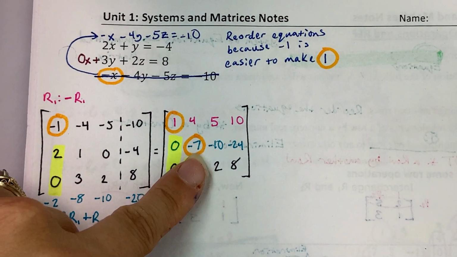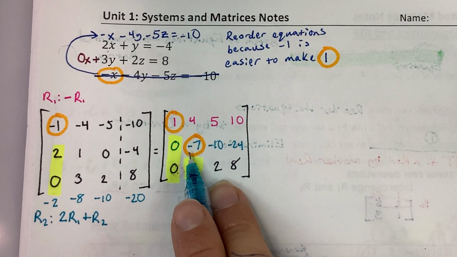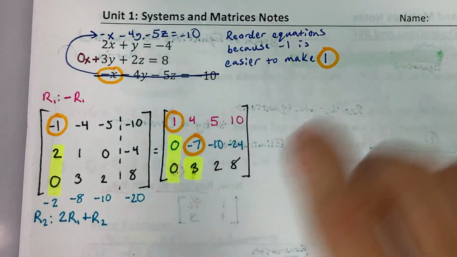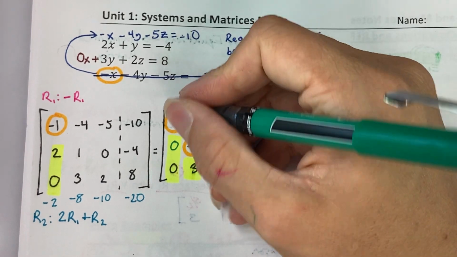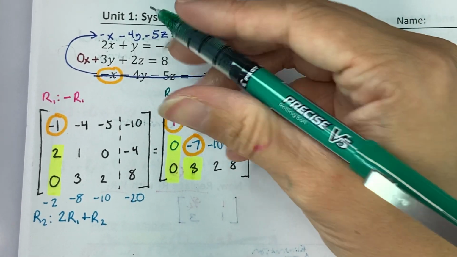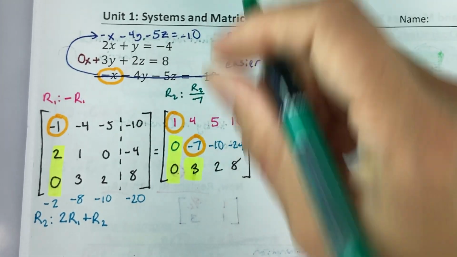So let's go ahead and look at that row 2. So how can I make row 2 have a 1 there? Let's go ahead and do the simple thing, which is to simply divide by that coefficient, or divide by -7. So which row are we going to replace? Row 2. What are we going to replace it with? We're going to take row 2 and divide it by -7.